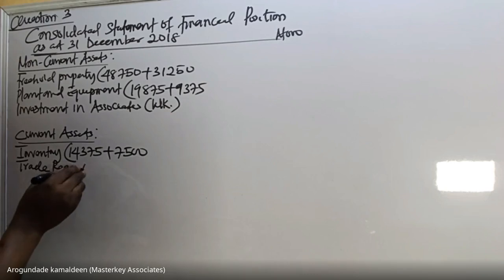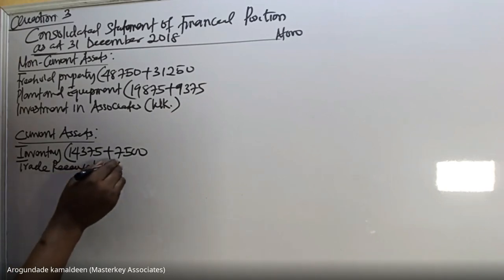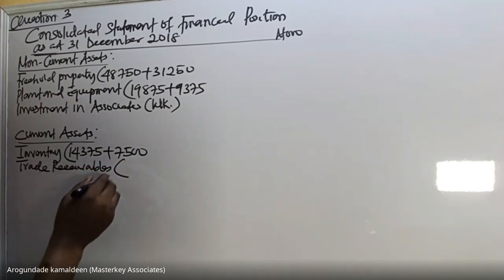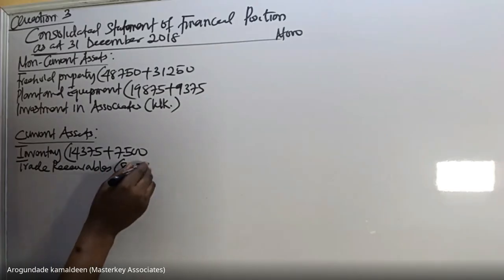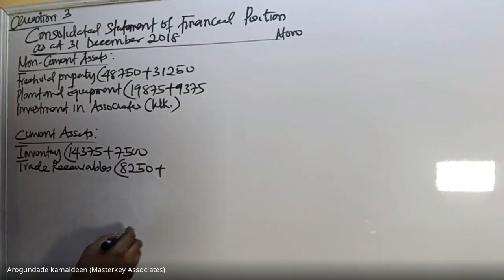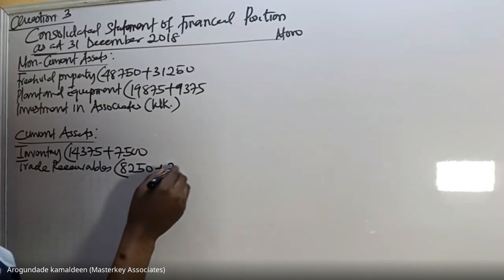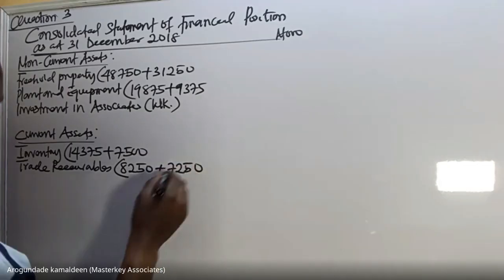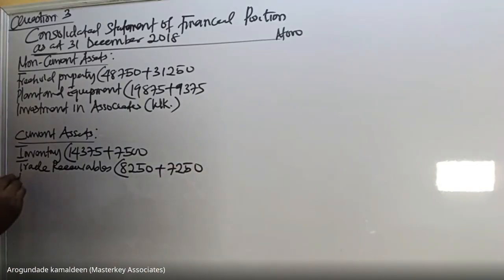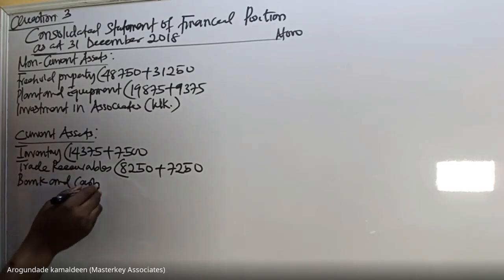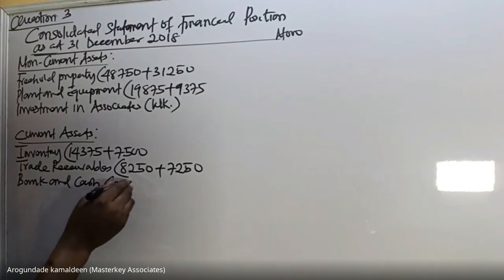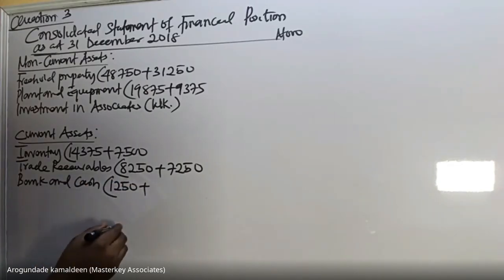Trade receivables. We have bank and cash: 1250 plus.